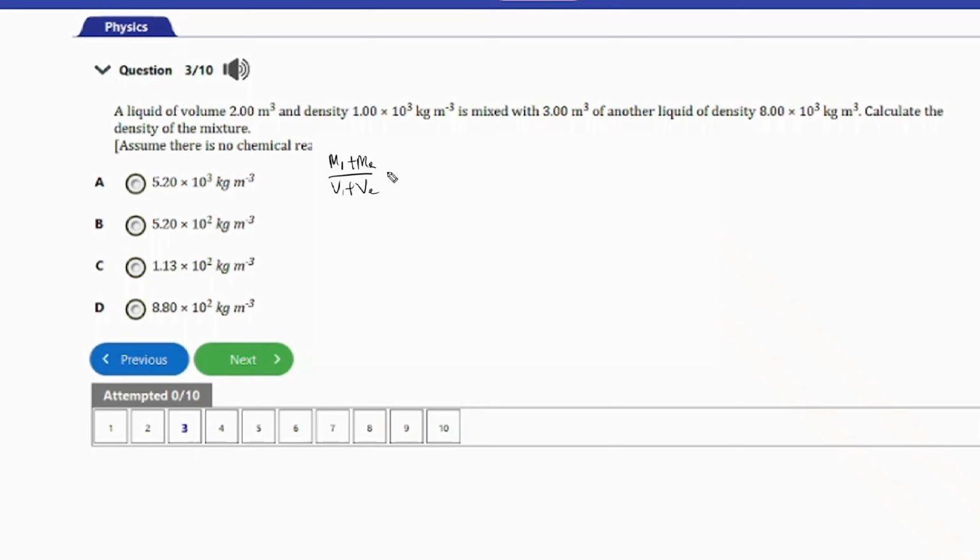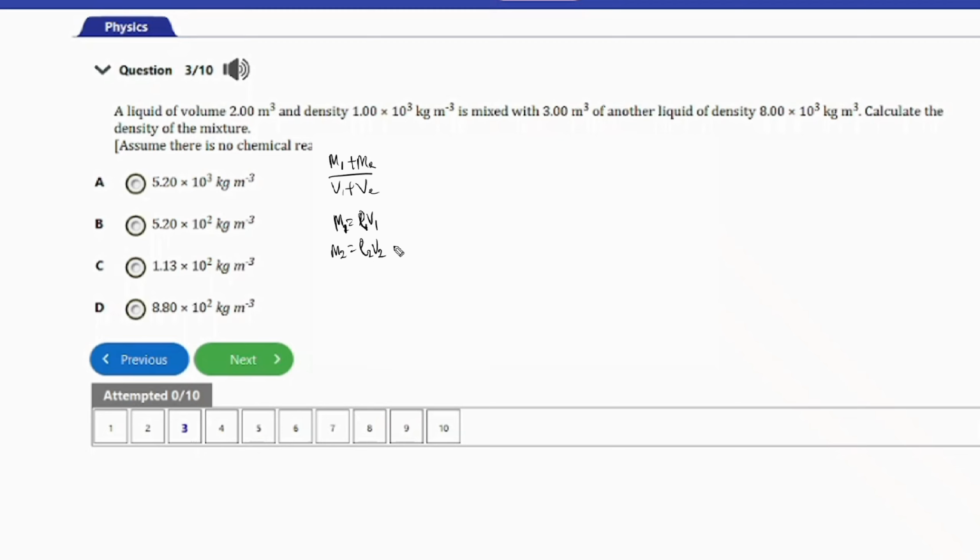But then we cannot tell the mass from the question here, so we have to calculate for the mass 1 and then for the mass 2. So let's recall that mass is density times volume, right? So here density is rho, so we are going to have M is equal to rho V, for 1, that's rho 1 V1, and then we are also going to have that M2 is equal to rho 2 V2.